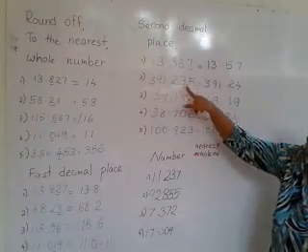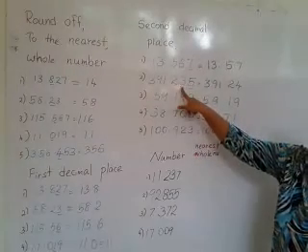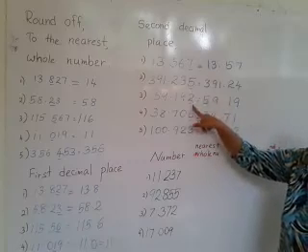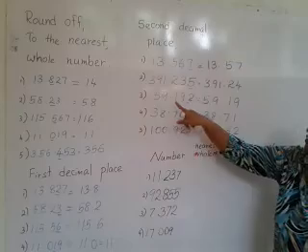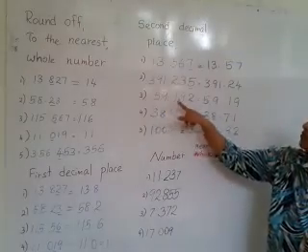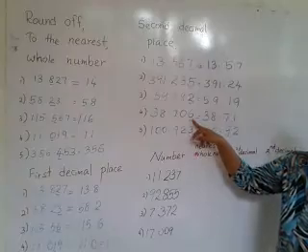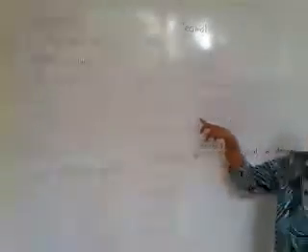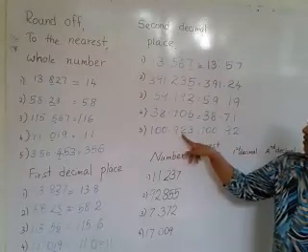It becomes 391.24. Then here 2, it is less than 5, so 59.19. Here 6 is more than 5, so increase 1, 38.71. Less than 5, so 100.92.